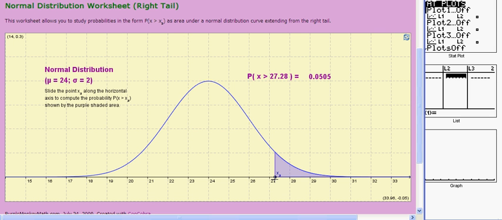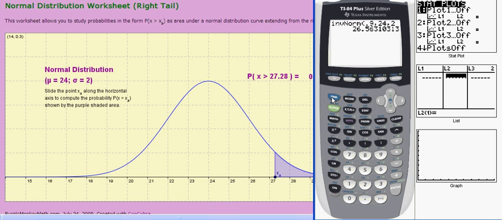So basically, depending on how your problem's given, you might need to make use of the fact that the entire area is 1. And if you're given the area to the right of the value that you want, use subtraction to get the area to the left. So to find that x location, I'm going to give it inverse norm, and then the area to the left is 0.95, and then comma the mean, comma standard deviation, and it returns an x value of about 27.29.